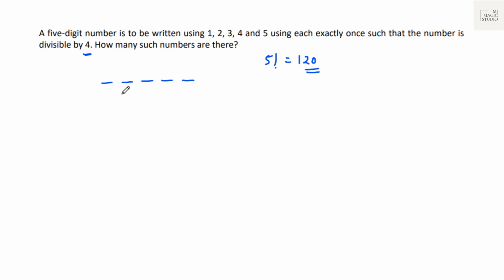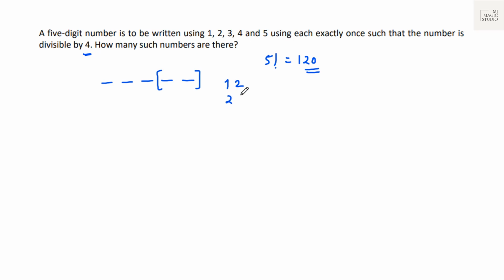Now a 5-digit number, or any digit number, is divisible by 4 when the last 2 digits are a multiple of 4. If the last 2 digits are divisible by 4, the entire number is divisible by 4. So let's make combinations with these digits and see how many 2-digit numbers we can have which are multiples of 4. If we start with 1, we can have 12, 13, 14, 15 out.